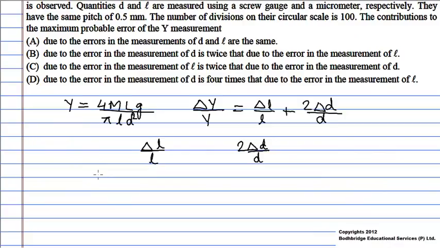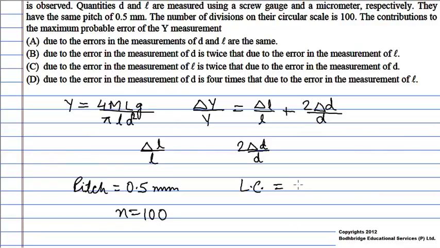Now it is given in the question that pitch is equal to 0.5 mm and number of circular divisions is equal to 100. We know that in a screw gauge and micrometer, the least count is given by pitch upon the number of circular divisions.